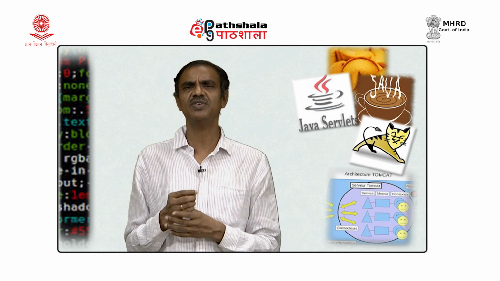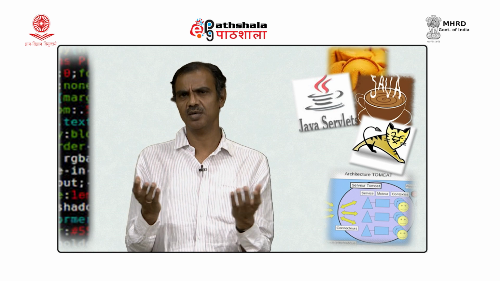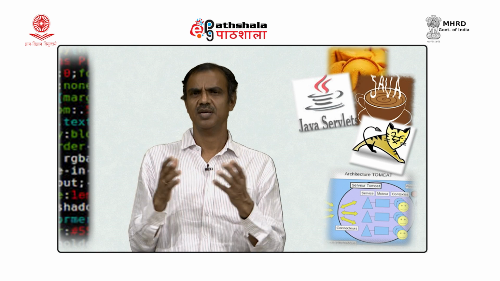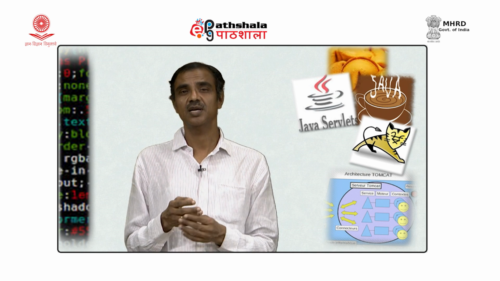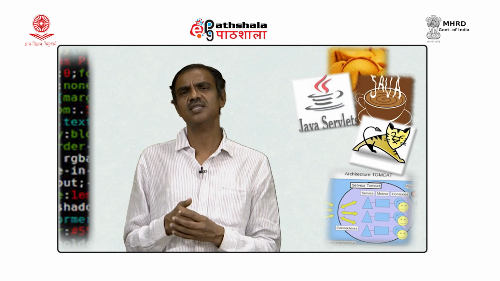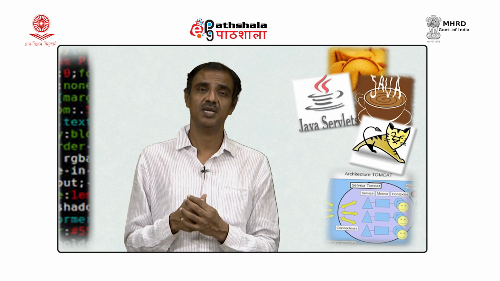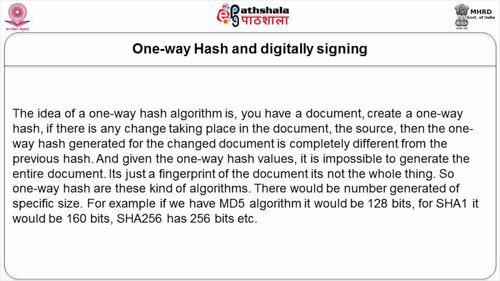There are lots of one-way hash algorithms, called SHA1, and there are many others: MD5, SHA256. There are lots of these SHA and MD5 kinds of one-way hashing algorithms. The idea of a one-way hash algorithm is, you have a document, create a one-way hash.